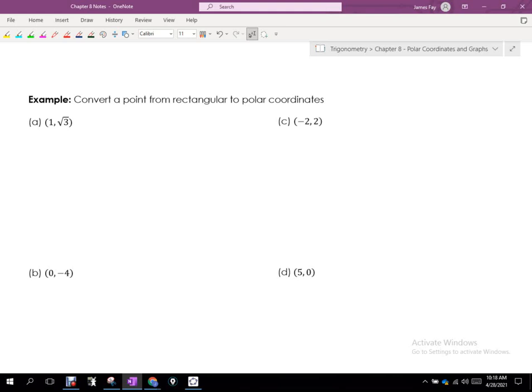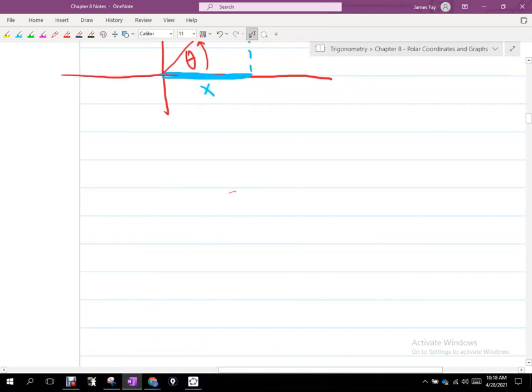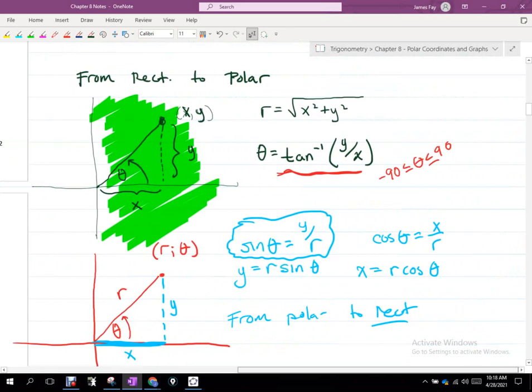It doesn't have pi in it. Doesn't have the degree symbol, all that kind of stuff. Okay, so it looks like a normal rectangular coordinate.